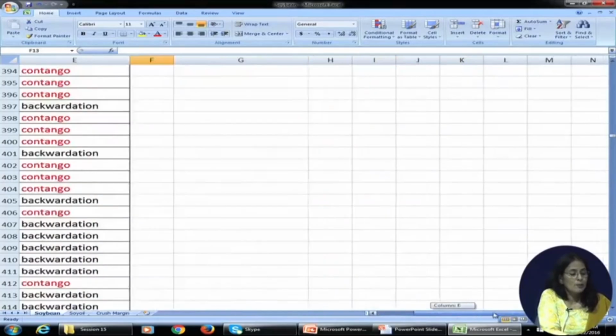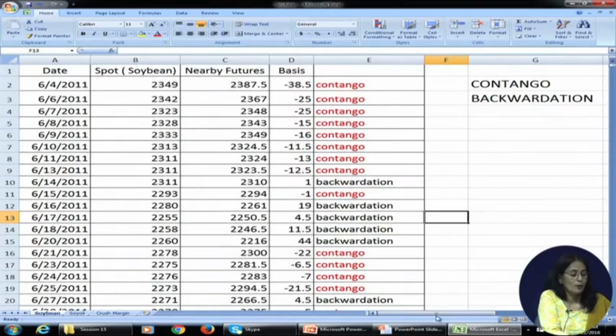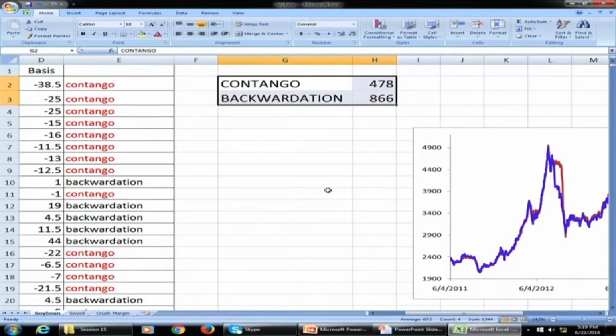I just did a simple tally of the number of days of contango and backwardation for the data period I have considered. I have around 1300 odd data points, and the backwardation is for 866 days vis-a-vis contango for 478 days. So the soybean market is exhibiting more backwardation days as compared to contango.